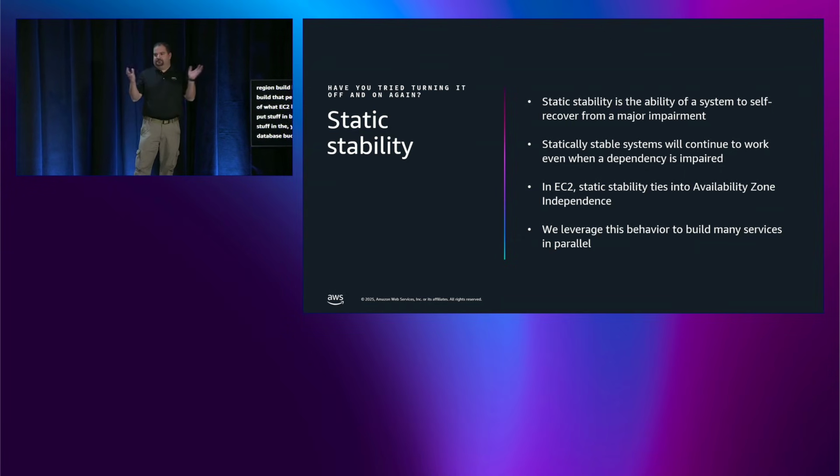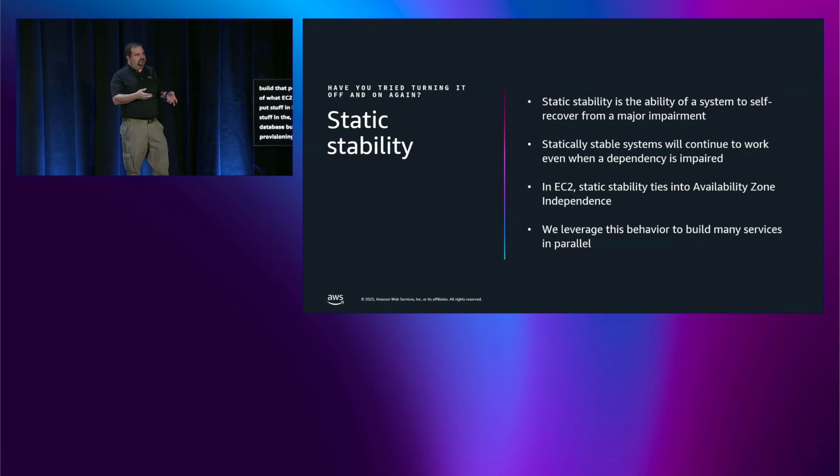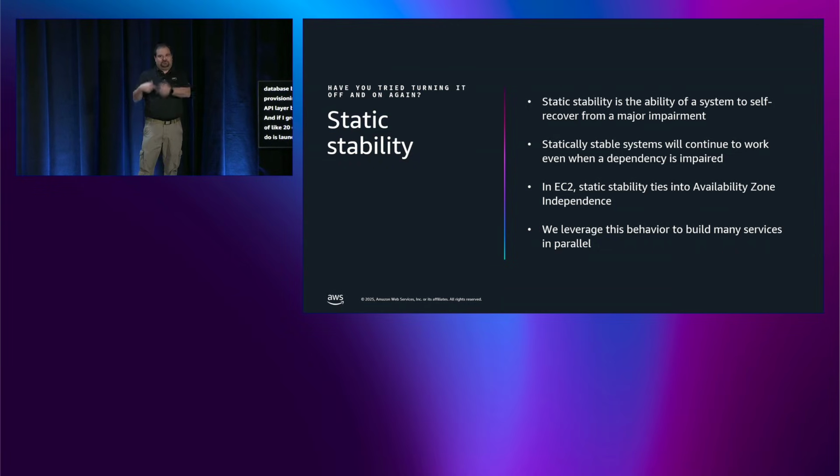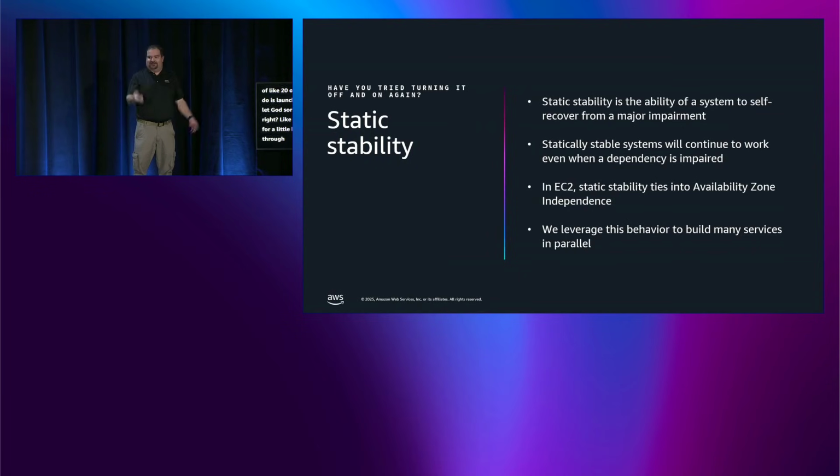And if I group services into groups of like 20 or 30 or 50, all I need to do is launch all 50, and then kind of let God sort it out for a little bit, right? Like let them all sit and spin for a little bit and send API traffic through the system. And in a perfect world, everything will get to active, all of the dependency things will solve each other, and API calls will start to work.